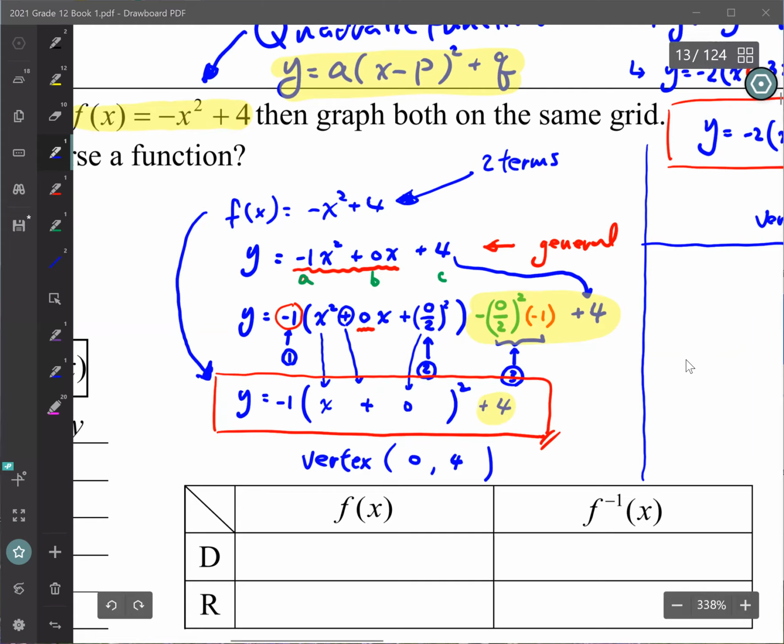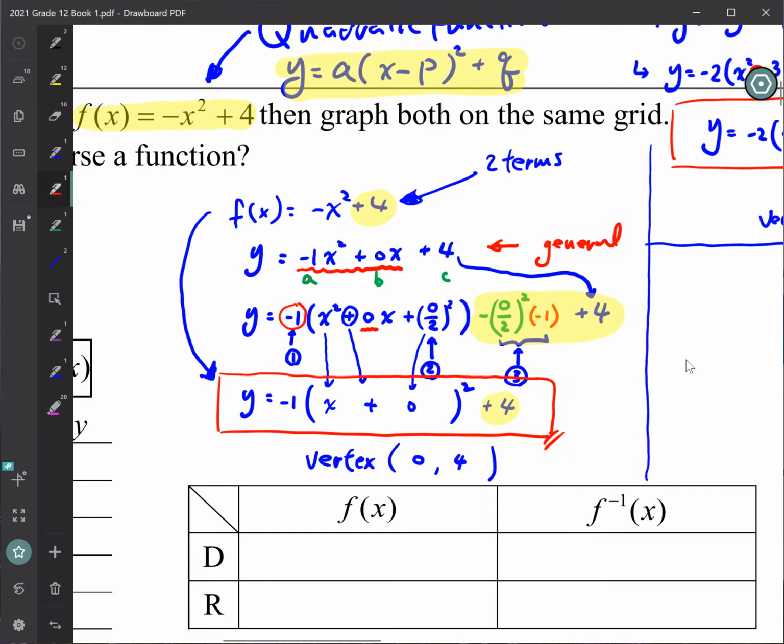And remember the Q is always the last term outside the bracket, so Q will be this one. So for this specific question, the APQ you can tell already. You don't need to do the 3 steps.